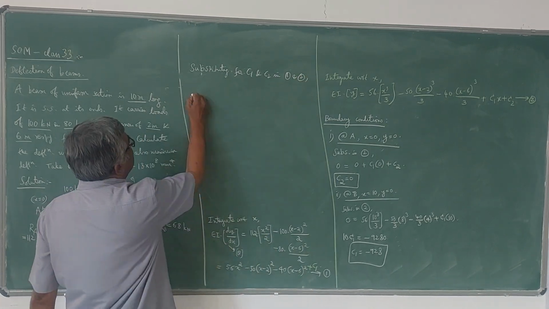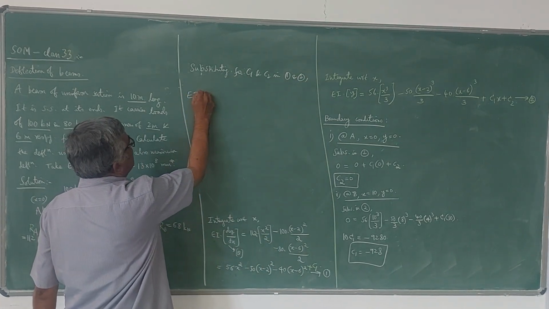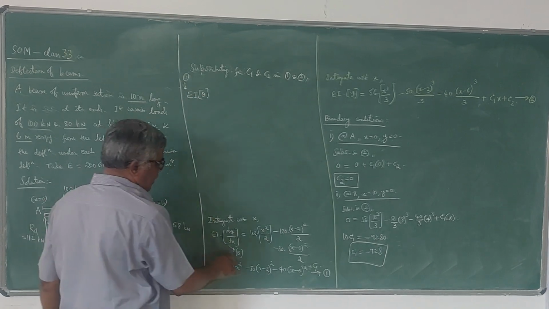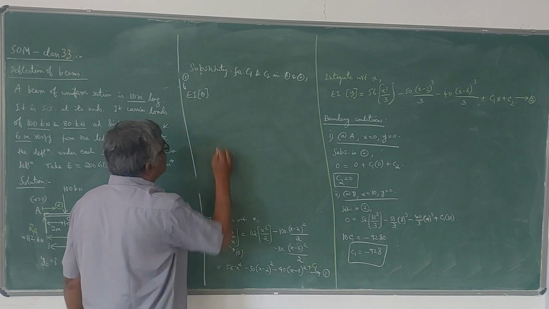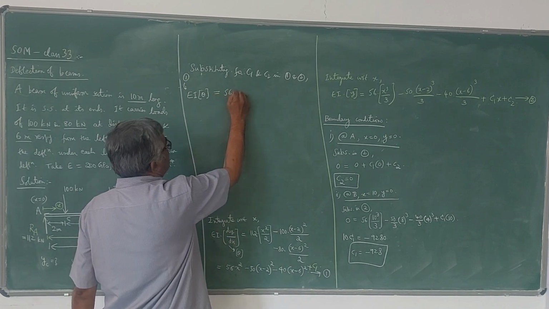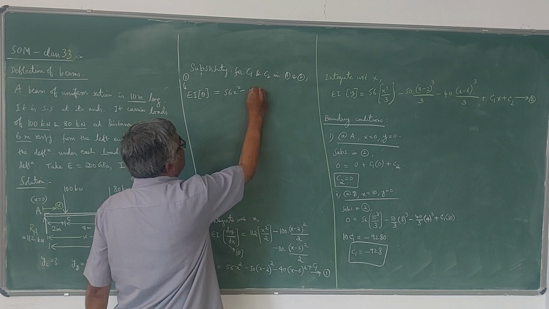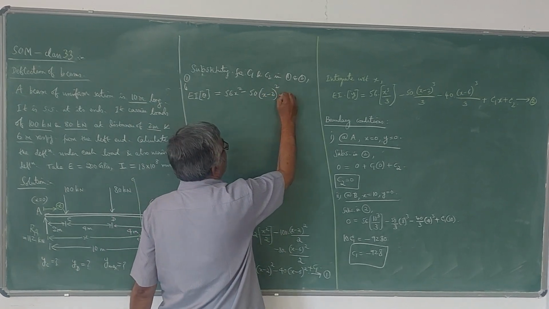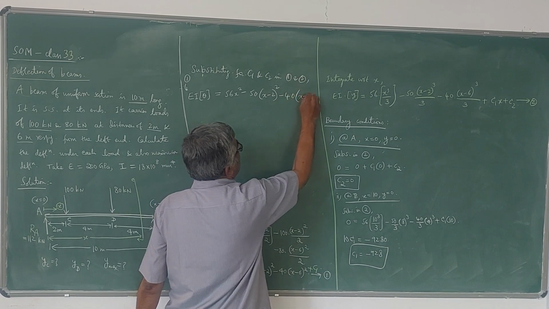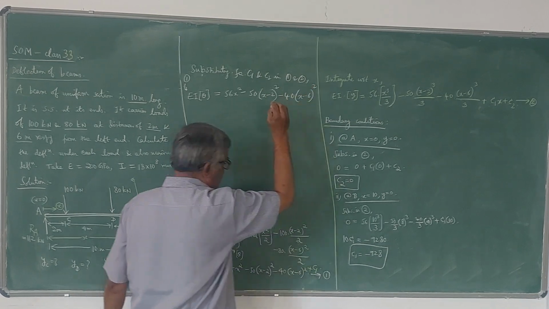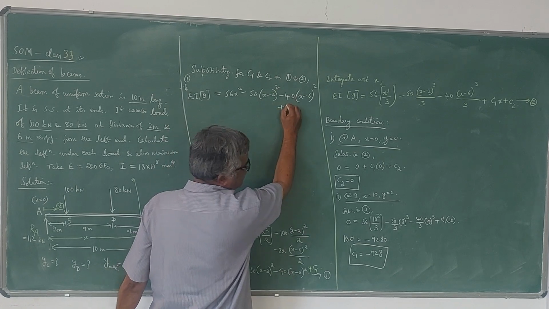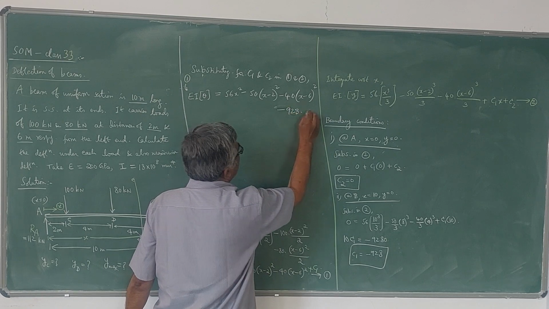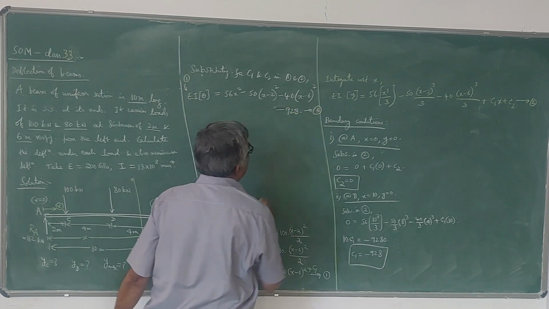So EI into theta, equation 1 becomes EI into theta is equal to 56x square minus 50 into x minus 2 whole square minus 40 into x minus 6 whole square plus C1 is minus 928. This equation I will call as equation 3.